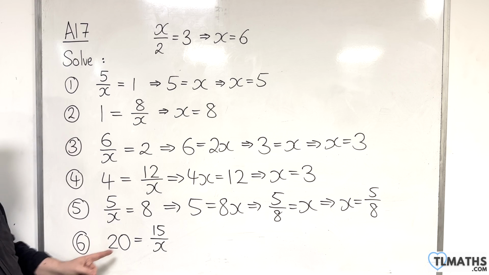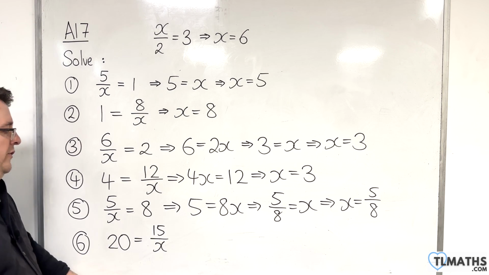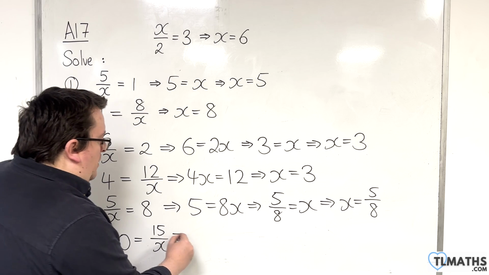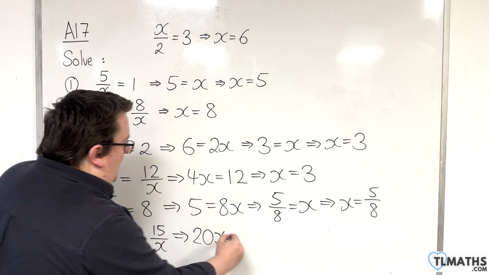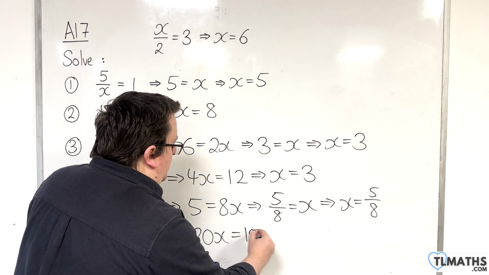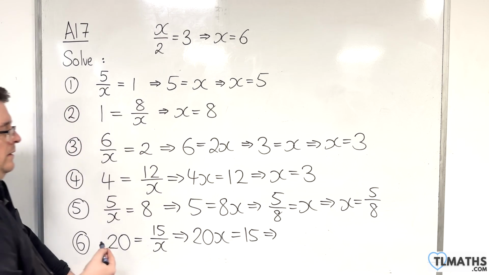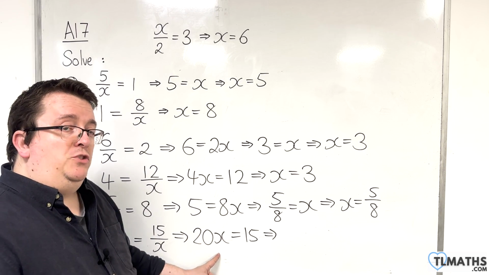Now, last one, number 6. 20 equals 15 over x. So I'm dividing by x, so I'm going to multiply both sides by x first. So I'm going to get 20x on the left-hand side and just 15 on the right-hand side. Okay? 20x equals 15, so I'm multiplying by 20.